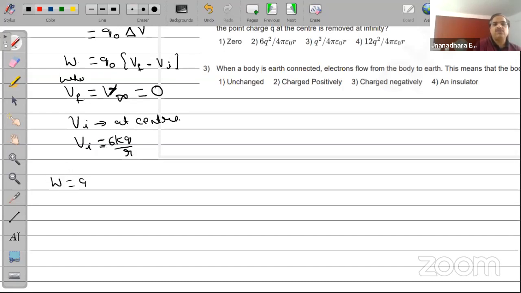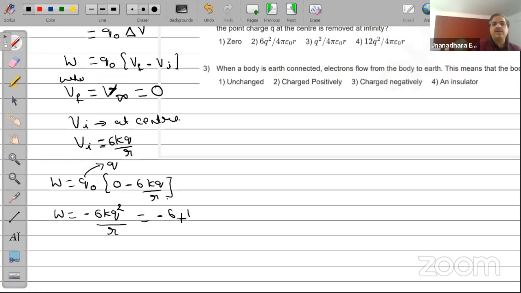Now the work done will be equal to Q naught into 0 minus 6 KQ by R. This will be minus 6K Q square, because Q naught also is equal to Q in the problem, divided by R. What is K?